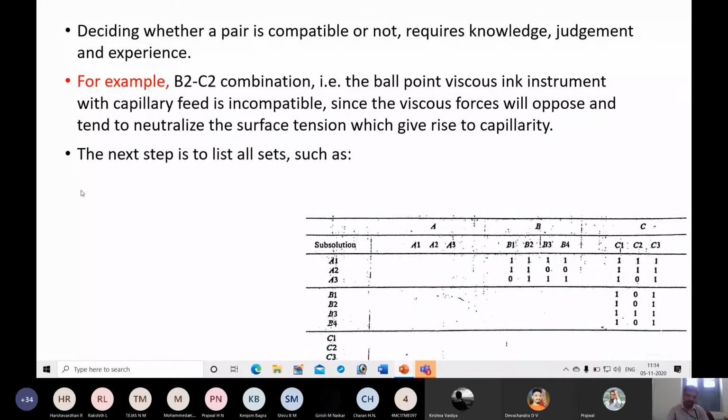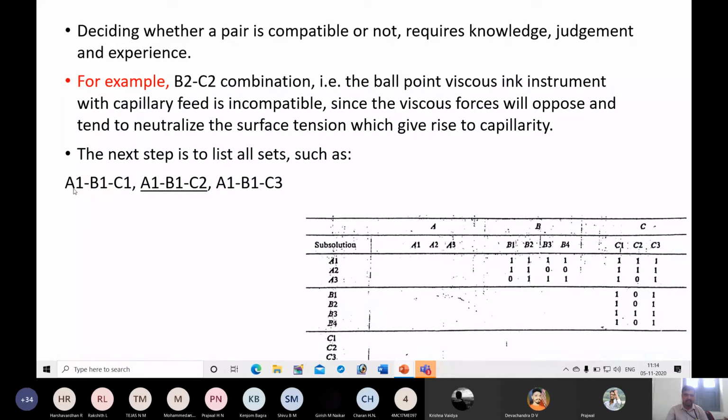Okay, the next step is to list all sets. This is one possible set. You are keeping A1 and B1 fixed, and varying C, starting with C1. Check A1, B1: it is compatible.